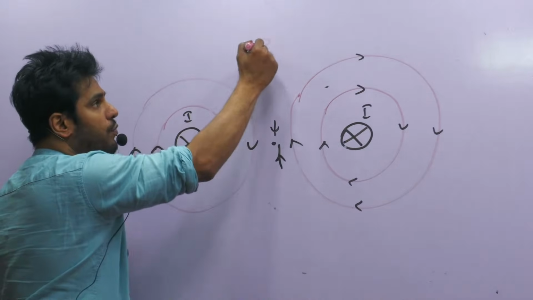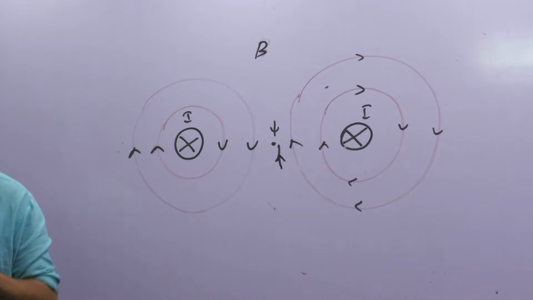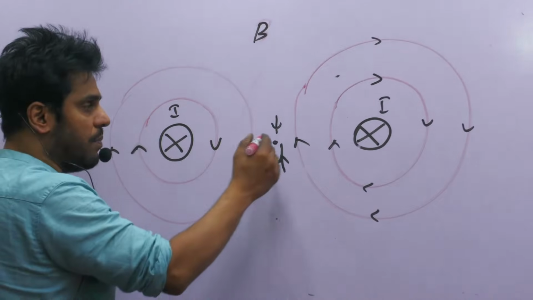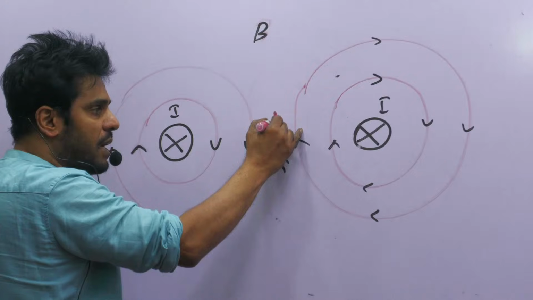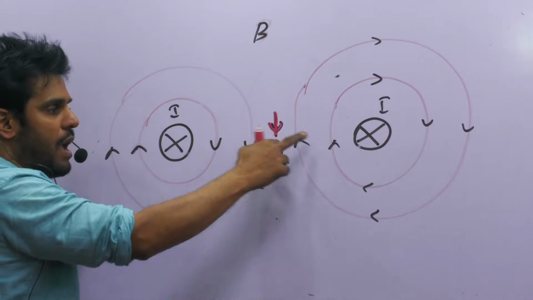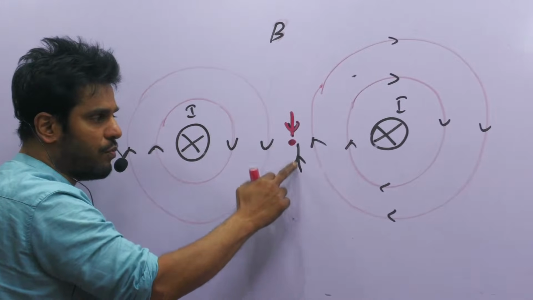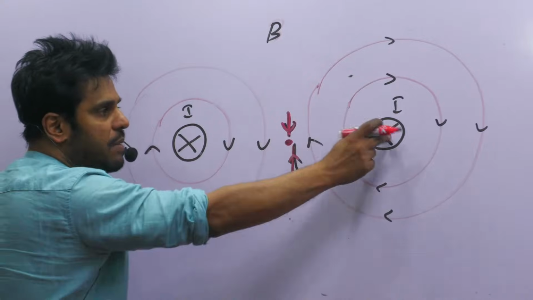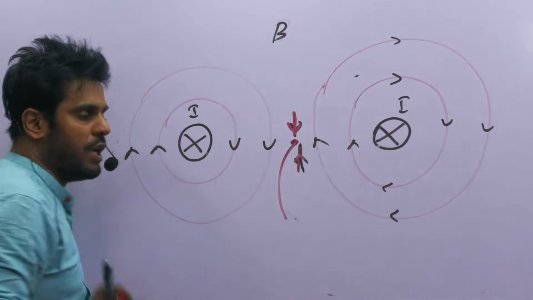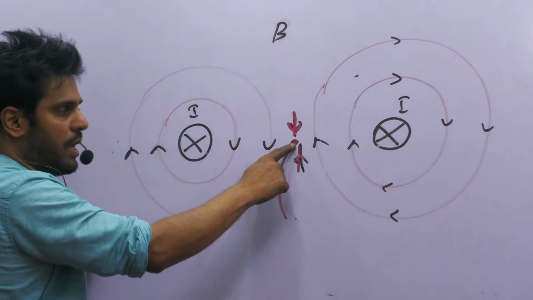The magnetic field is a vector, so it has a direction and magnitude. The left hand side wire makes a downwards magnetic field and the right hand wire makes an upwards magnetic field here. Now they have the same current, they have the same magnetic field. So this point is a neutral point. At the midpoint they make a neutral point.